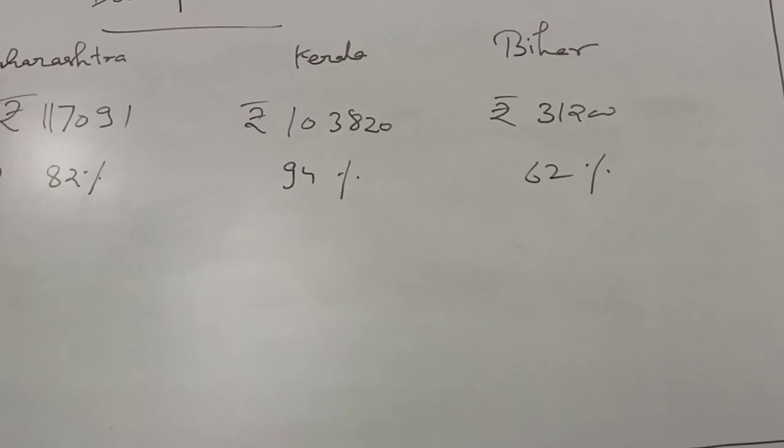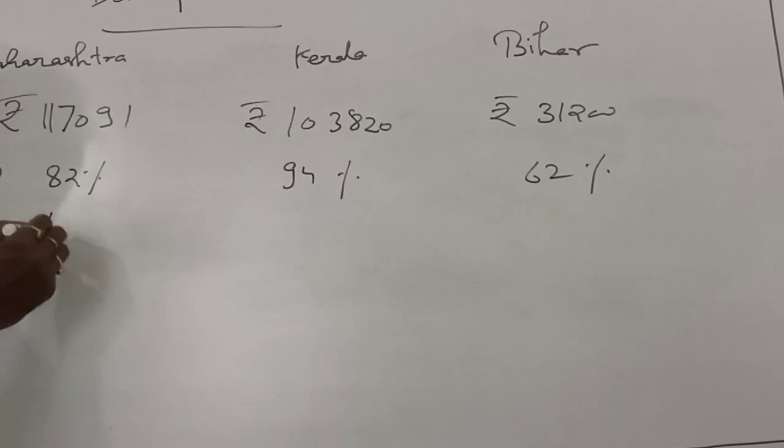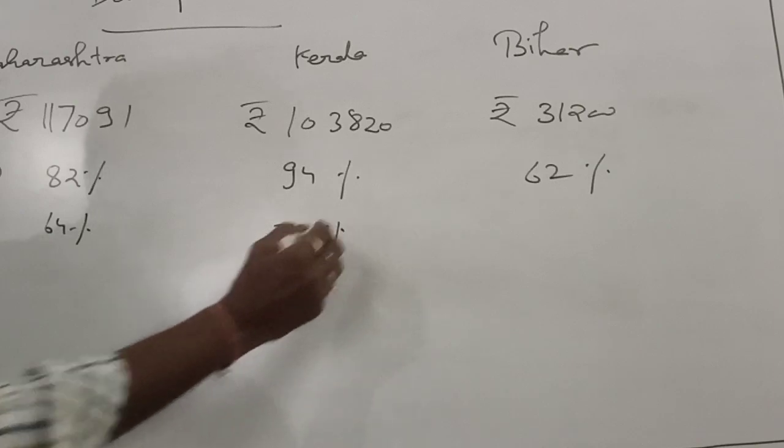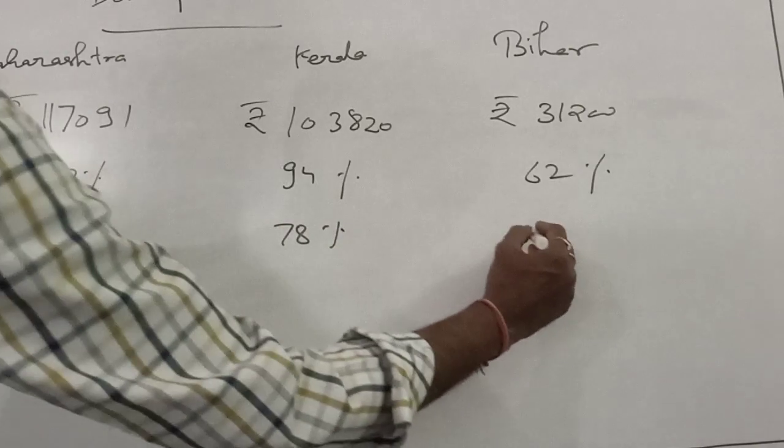The net attendance ratio is just the percentage of school-going students in a particular age group. If we take a sample of population, then according to age, what is the percentage of students going to school to attain education? It is 64% in Maharashtra, 78% in Kerala, and 35% in Bihar.